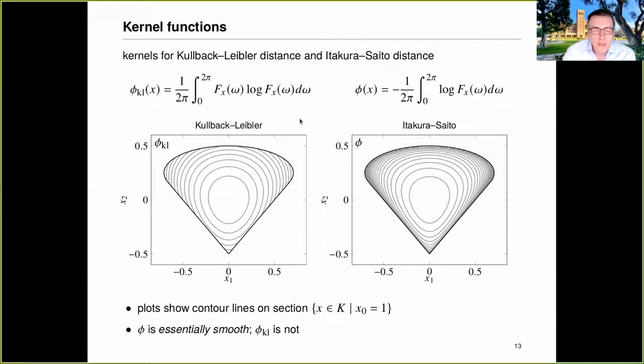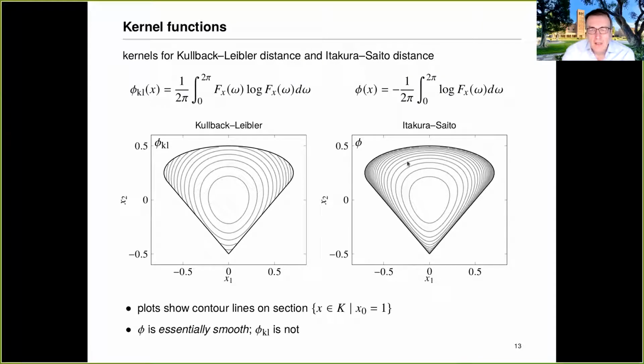So we won't use the Kullback-Leibler kernel, but what's known as the Itakura-Saito kernel in signal processing, which is defined like this. It's also a convex function of the coefficients x. It's finite on the boundary of the cone, except when x is 0.